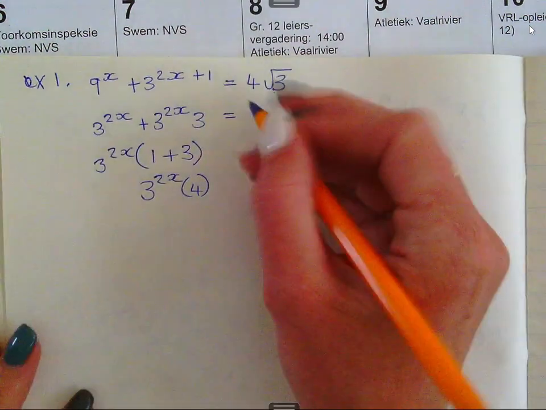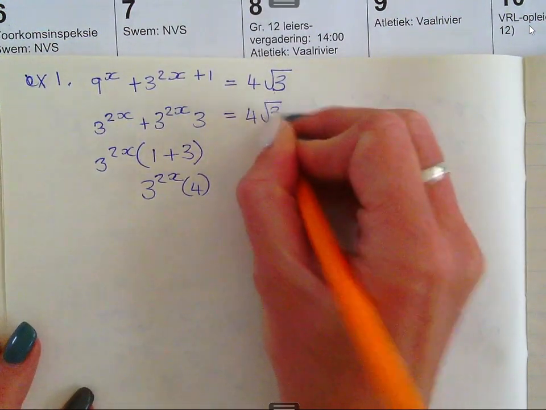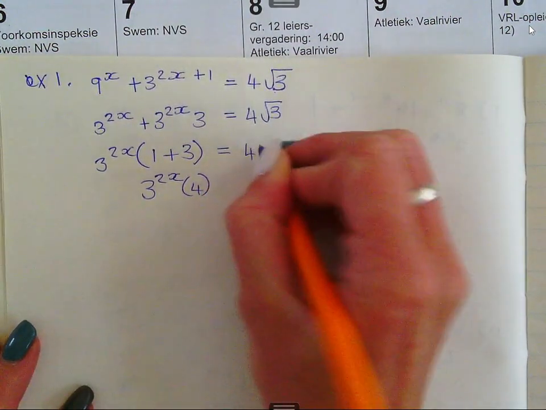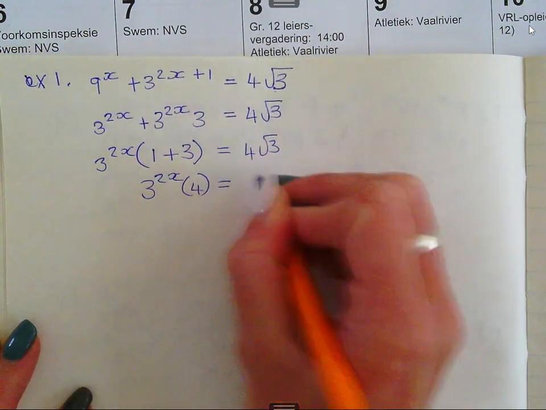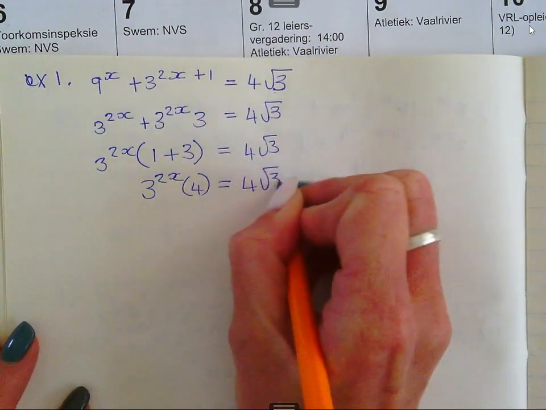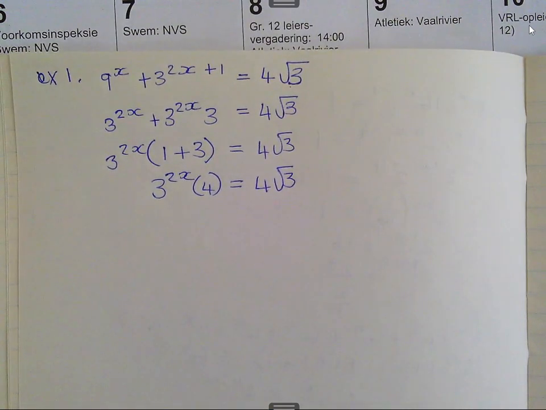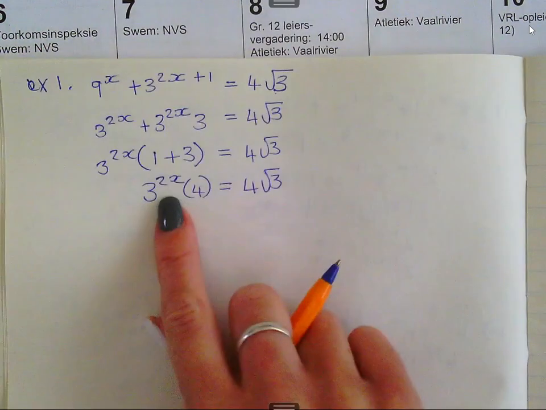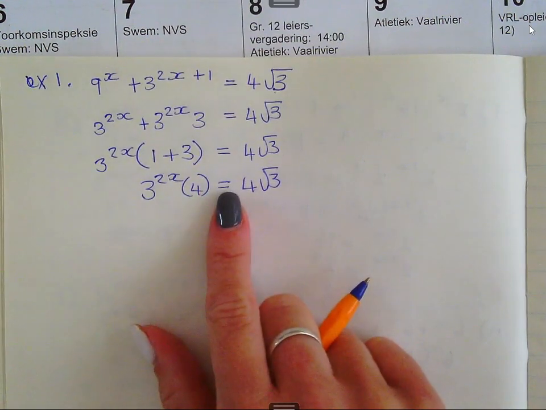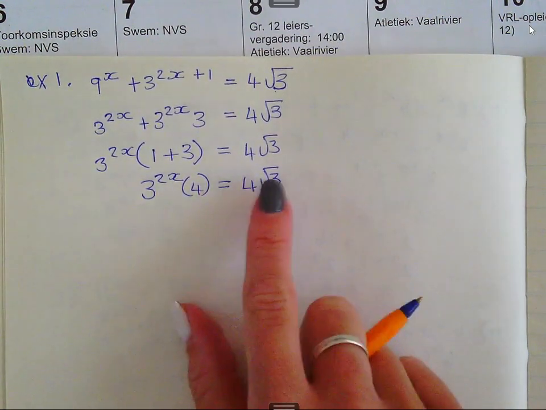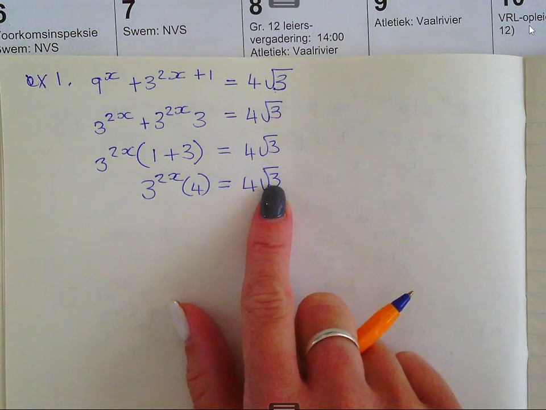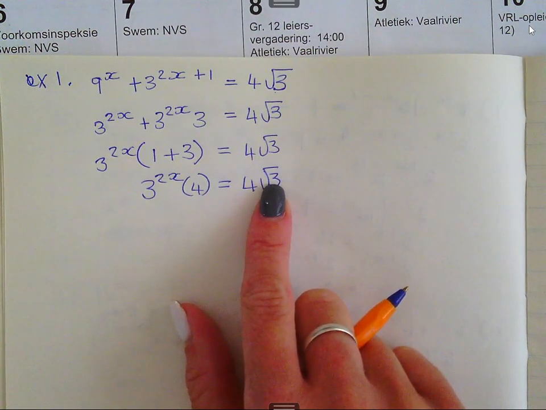Now they have given us an answer, equal to 4 root 3. Now do you see, now we can take it a step further. I've got exponential, I've got normal, I've got surd. But surd can be exponential, no? Alright, so what am I going to do?